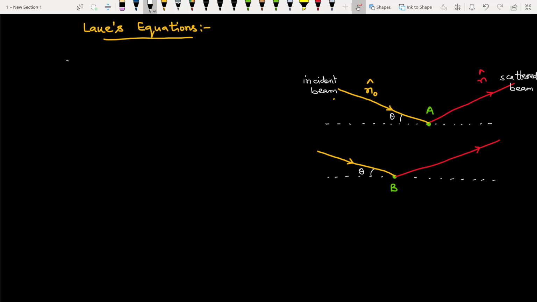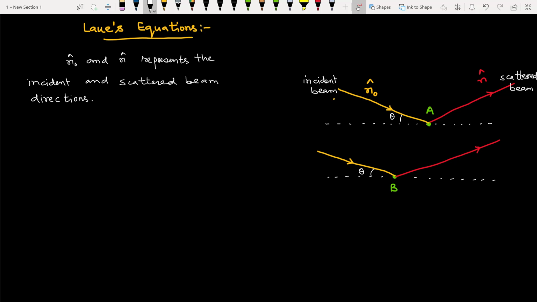So n naught cap and n cap represent the incident and scattered beam directions for the two crystal planes or for the atoms A and B.